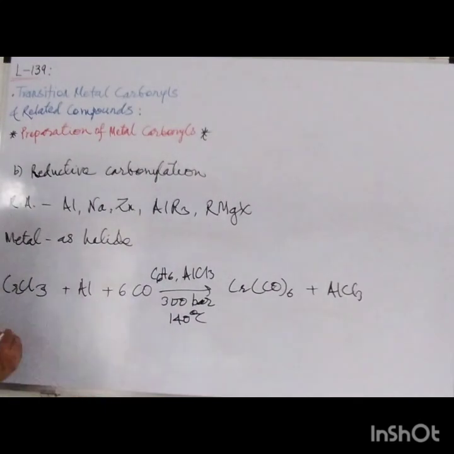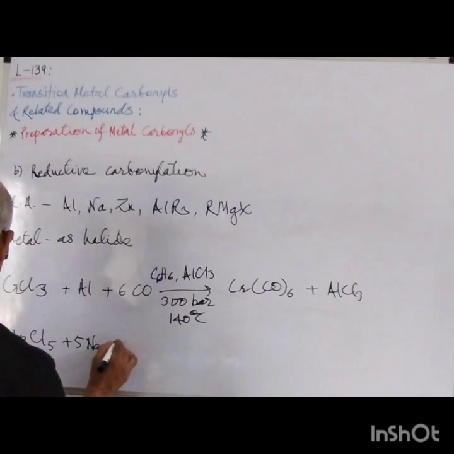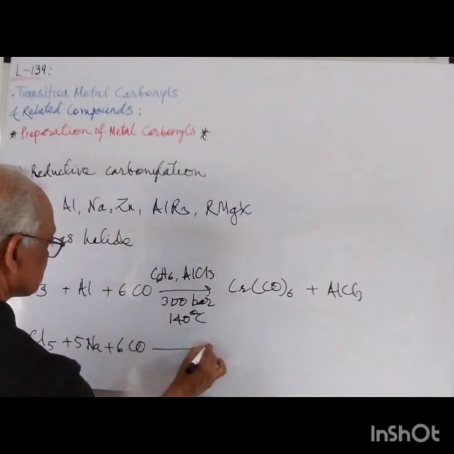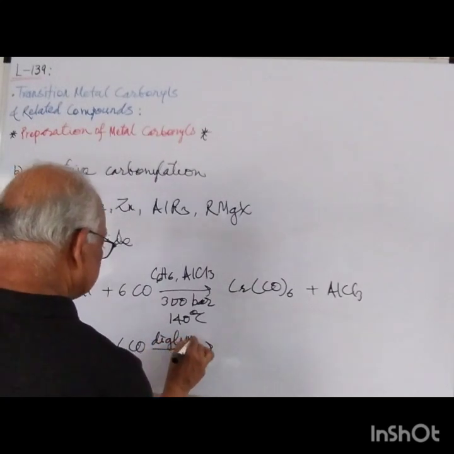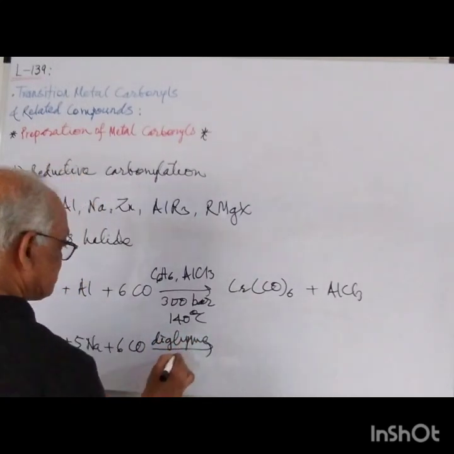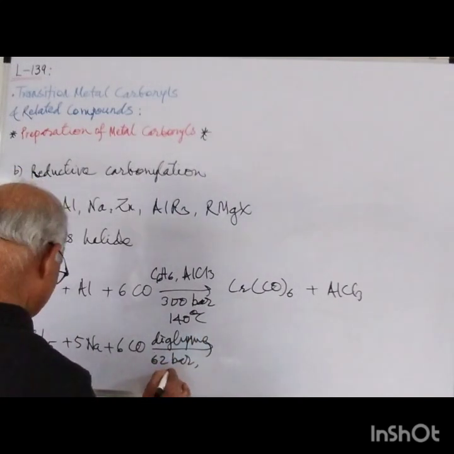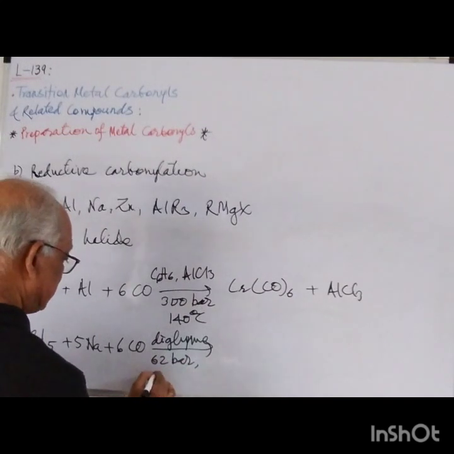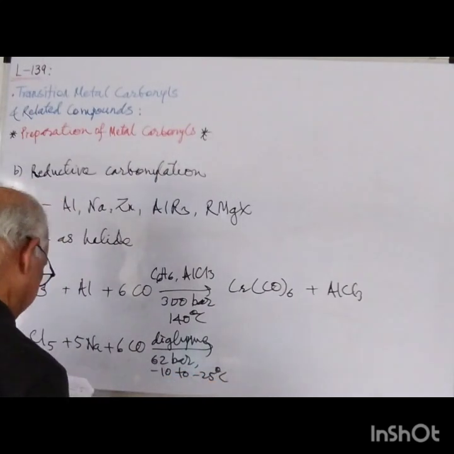Then another example is molybdenum: MoCl5 plus sodium plus 6 carbon monoxide under the conditions, that is diglyme as a solvent, 62 bar pressure, and temperature range minus 10 to minus 25 degrees centigrade.